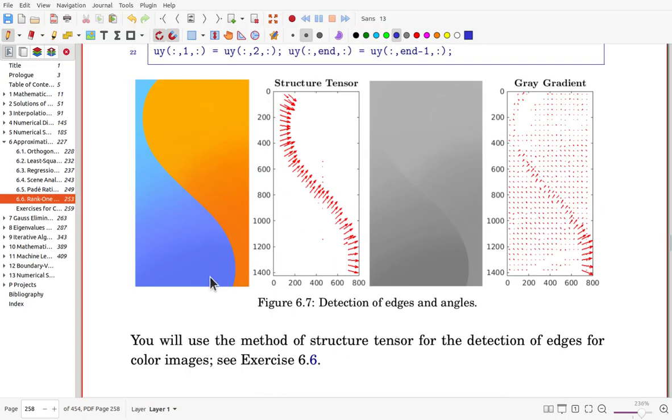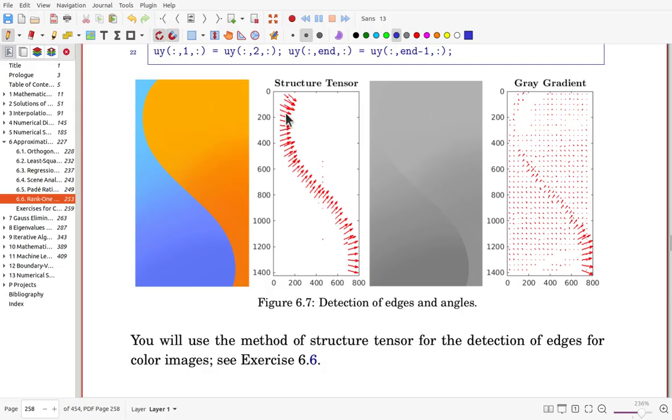Now let's see one application of the structure tensor. We have the original color image here, and that is the gray image. Once you are using the structure tensor, then along the edge, you can see the edge direction quite nicely.